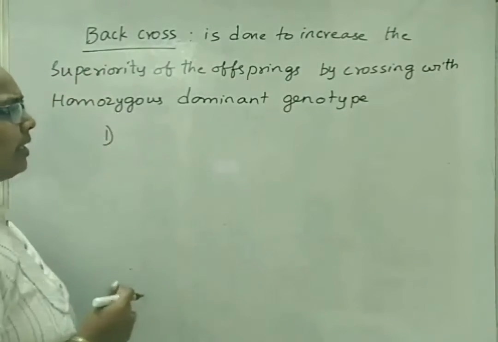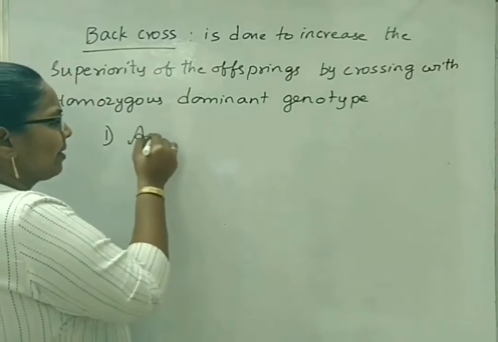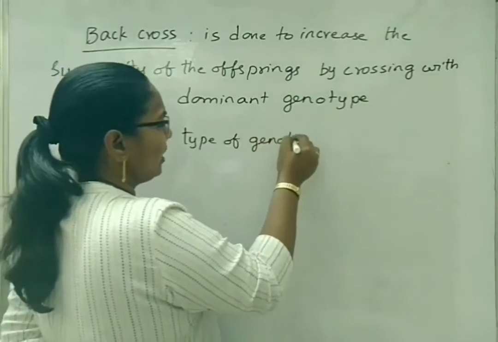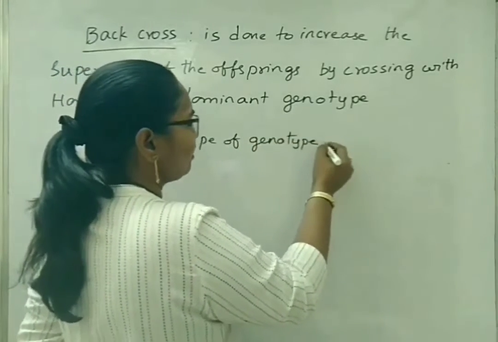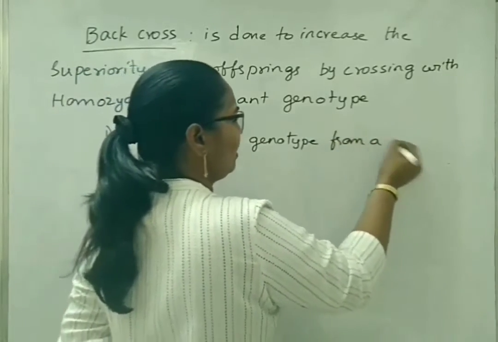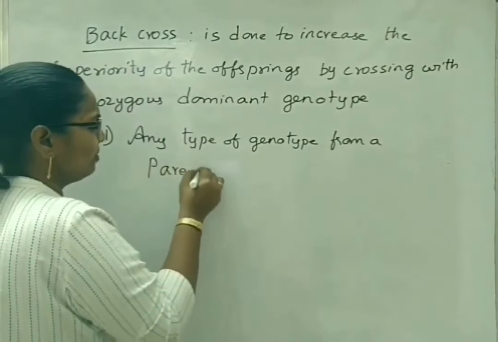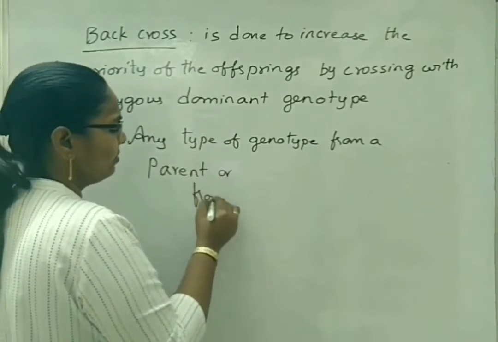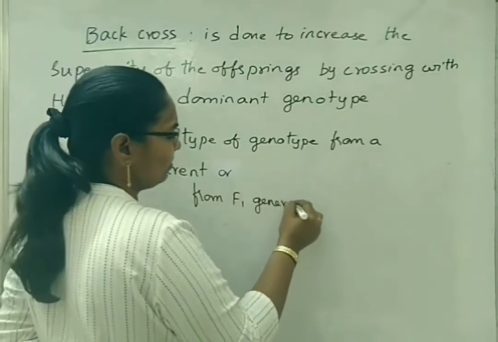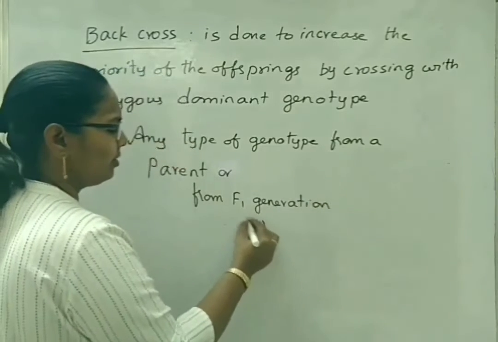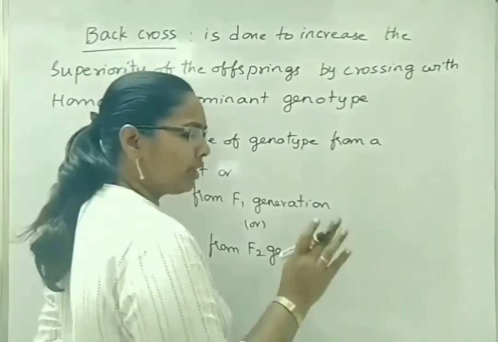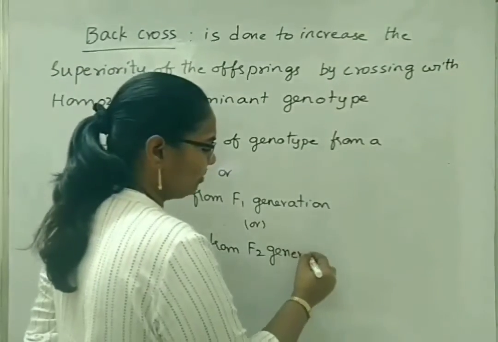So here we can cross any type of genotype from a parent or from F1 generation or from F2 generation, and we can keep on taking whatever the genotypic generation may be.